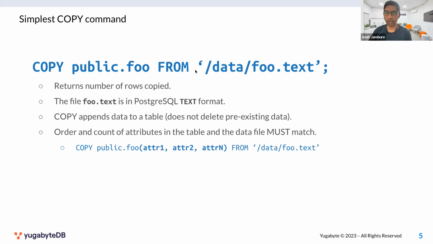Otherwise, the copy command will complain. But there are certain cases where the order of columns might be different in the data file, or the data file might have fewer columns than the table. In that case, you can use this alternative syntax, where you explicitly list the names of attributes for which you are loading the data. So this is the simplest form of the copy command.